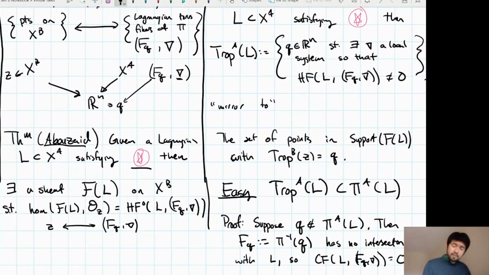So this is really saying that this tropicalization map that we've defined is a refinement of just the naive tropicalization where you just project down to the base and forget everything.